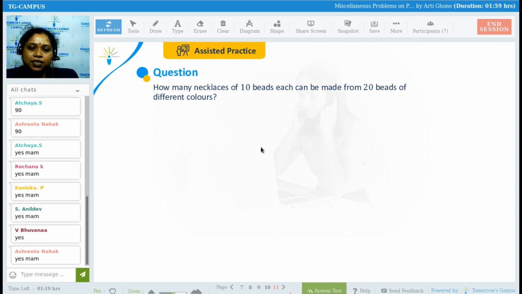Next, how many necklaces of 10 beads each can be made from 20 beads of different colors?